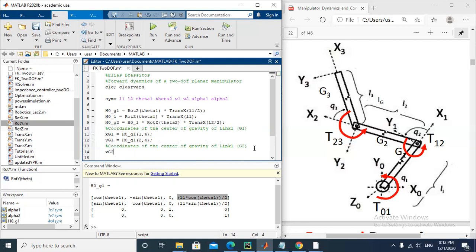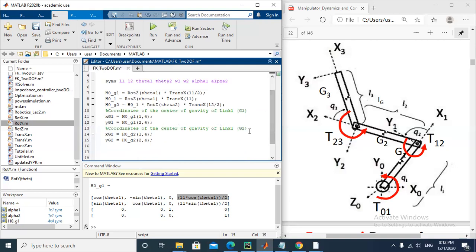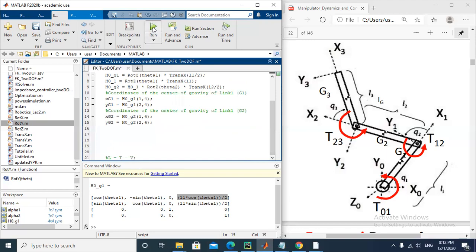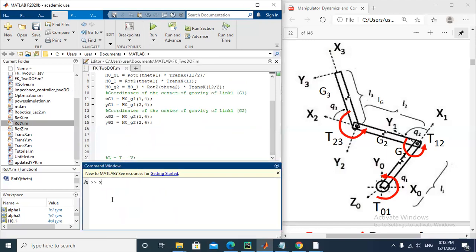So xg2 is equal to HO G2 entry 1,4, and yg2 is equal to HO G2 entry 2,4. Okay, let's run that. Let's see what xg2 is. We can actually simplify that.